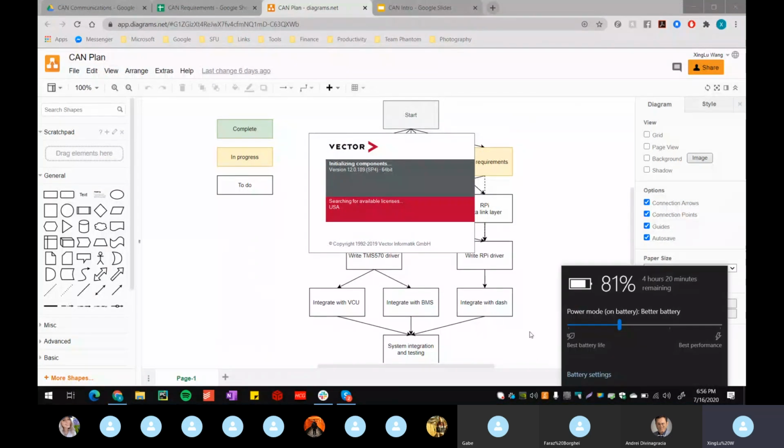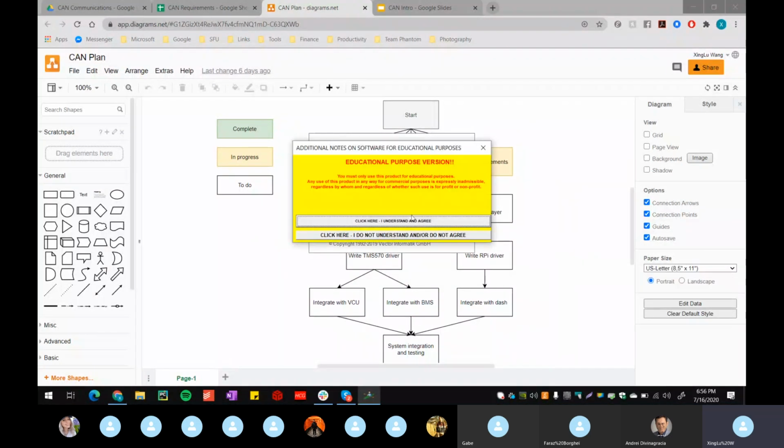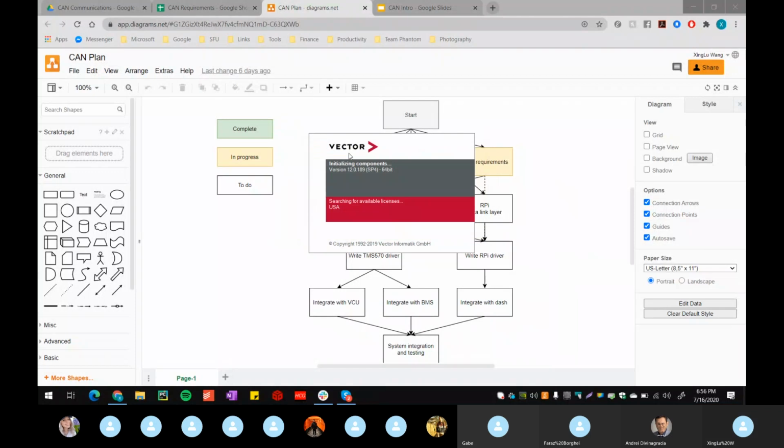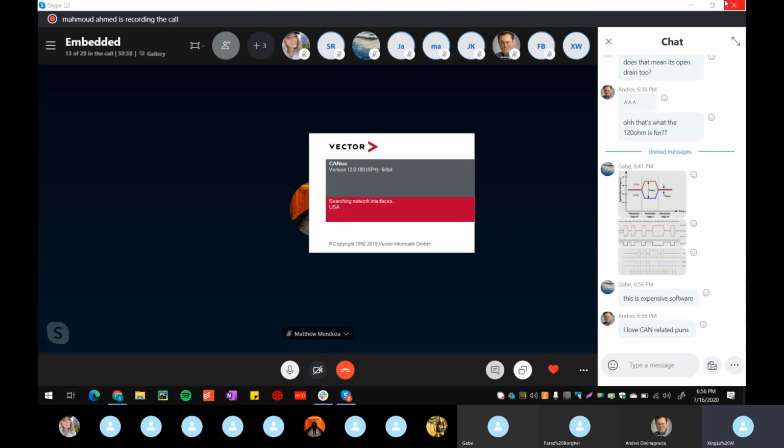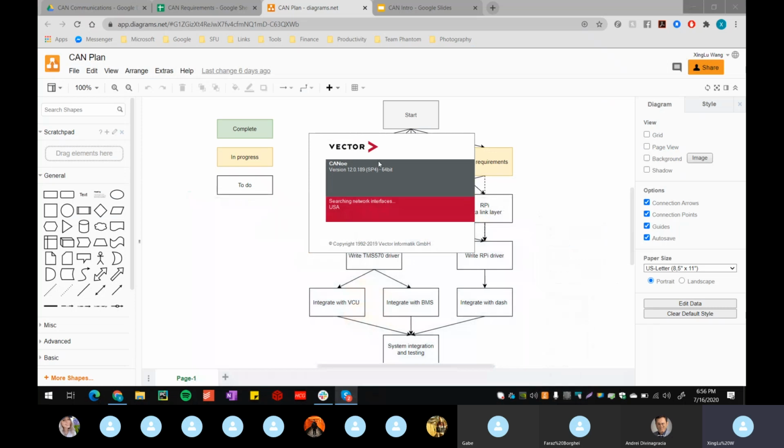Can it run it? Okay. Oh yeah, all their things are like CAN something: CanDB, Canoe, Canalizer, Can.